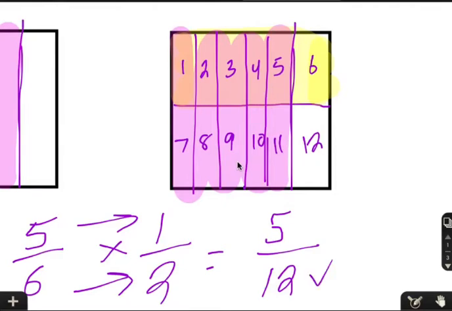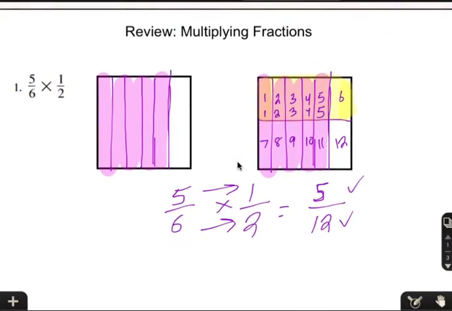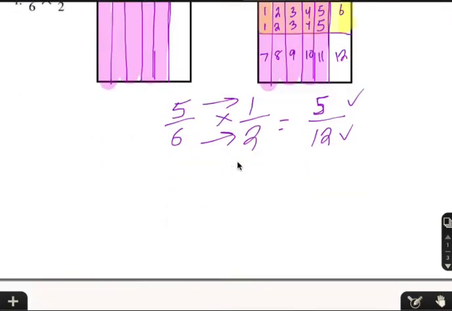Now I need to know how many pieces existed in the original 1/2 and in the original 5/6. And you can see that by where those two colors that I used, the pink and the yellow, overlap. So that's why this is important. So I have 1, 2, 3, 4, 5 sections here that are overlapping, and that is my numerator of 5. So I've just confirmed that I have the right answer for 5/6 times 1/2, and that is equal to 5/12.